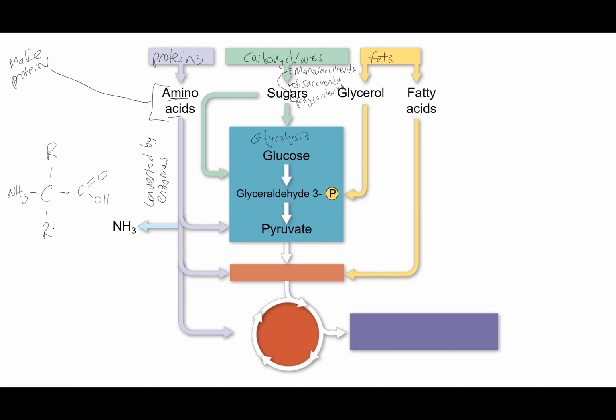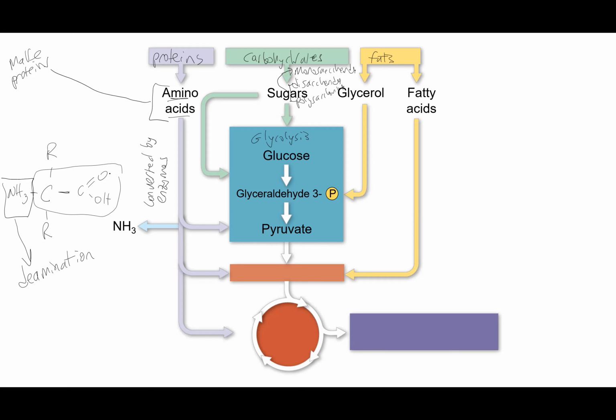So in order to put it into this process, we have to take off this amino group. One of the functions of these enzymes is deamination, not deanimation, but taking off that amino group. Then what we're left with is primarily carbons, hydrogens, and oxygens, which looks a lot like a carbohydrate.